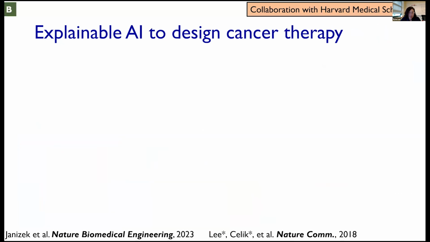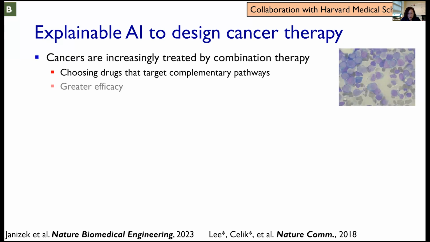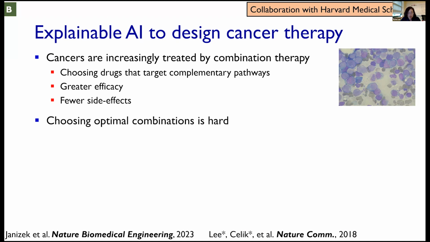And the last example of how explainable AI can help us open a new research direction. Let's talk about cancer combination therapy. The cutting edge in the treatment of cancer, like the blood cancer acute myeloid leukemia we focused on, has increasingly become combination therapy. The rationale makes a lot of sense: by choosing drugs that target complementary biological pathways, you can achieve greater anti-cancer efficacy.